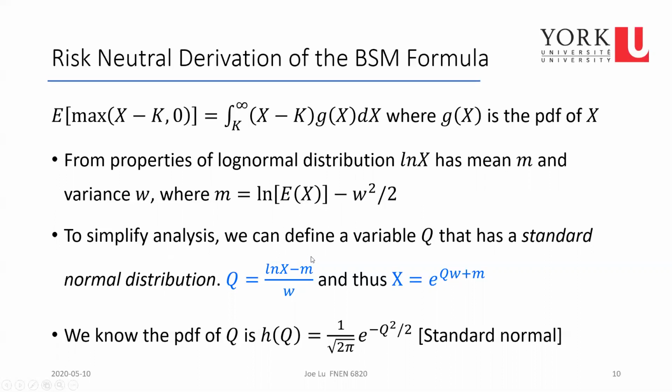Now, we want to further simplify our task, so we want to integrate over a standard normal distribution. Let's do a change of variable first. We're going to see several changes of variables throughout this derivation. The first change of variable is we define a variable q, and q is log x minus the mean m, divided by w.